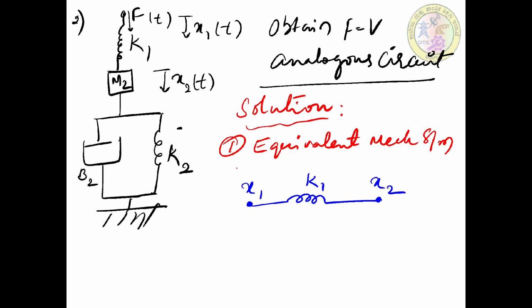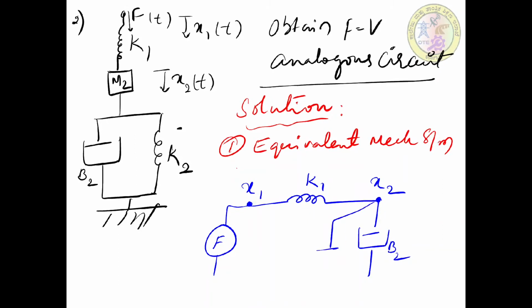At x1 only, the force also acts, and mass m2, b2, k2 are all under the influence of the x2 displacement. So here I connect the remaining elements, that is b2, mass m2, as well as the spring k2.